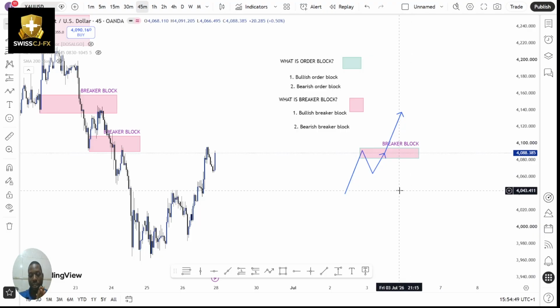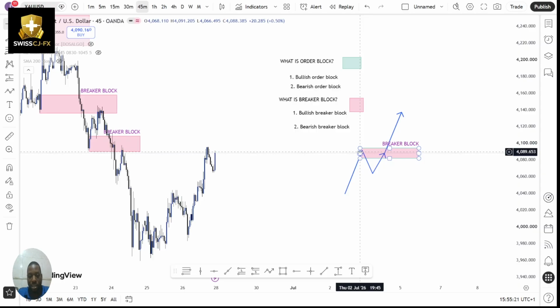So in a very simple manner, a breaker block is a bearish order block that failed, and the bearish order block has an M pattern. So it's an M pattern that fails to form, right? So anytime you identify a bearish order block and you find that it doesn't form the way it's supposed to form, then you know that this has actually become a bullish breaker block.